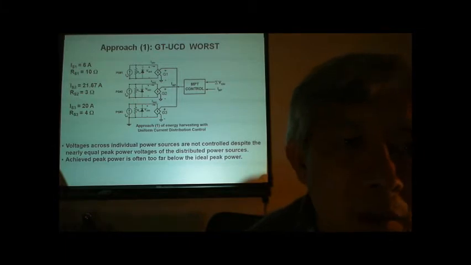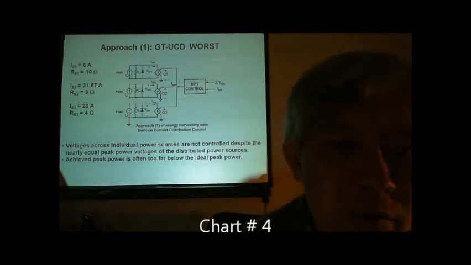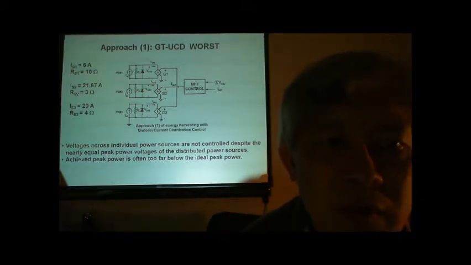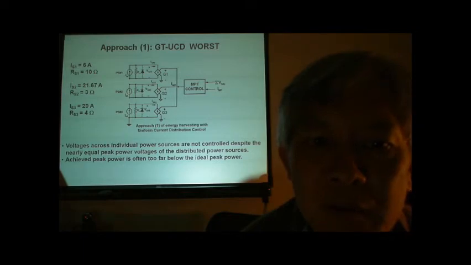The approach number one, which is group tracking uniform current distribution, is the worst approach. The voltage across individual power sources are not controlled, despite the nearly equal peak power voltages of the distributed power sources.